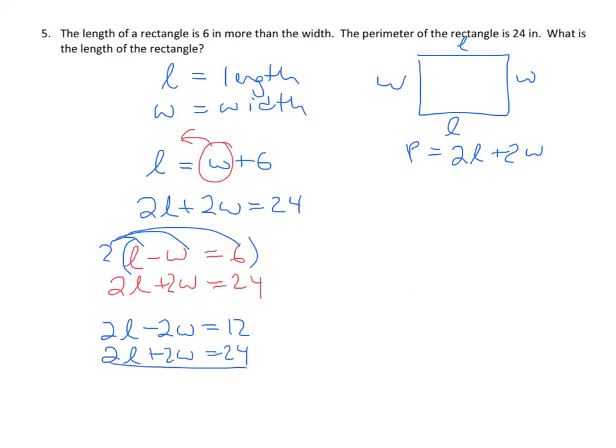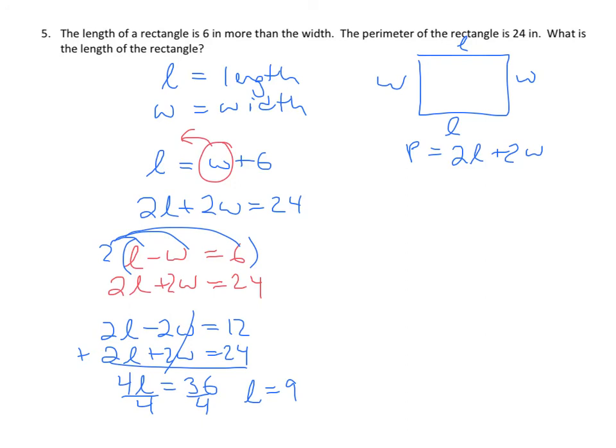And now I add the two equations together. The W's cancel out and I get 4L equals 36. Divide both sides by 4 and we get L equals 9. So my length would be 9.